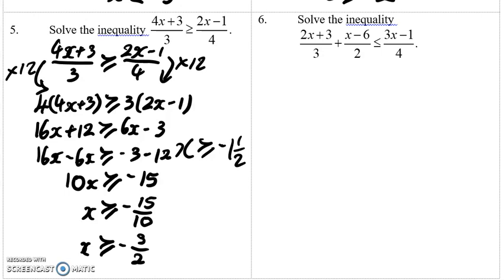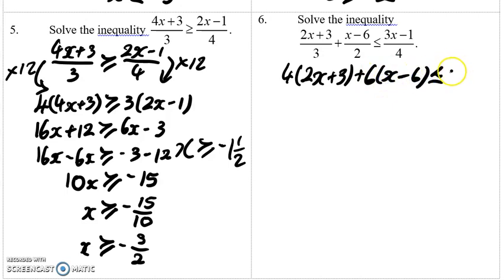For question 6, we notice that the LCM of 3, 2, and 4 is also 12. So what happens is I can actually multiply by 12 on both sides. So what I have over here will be 4 times of 2x plus 3 plus 6 times x minus 6 less than or equal to 3 times of 3x minus 1.